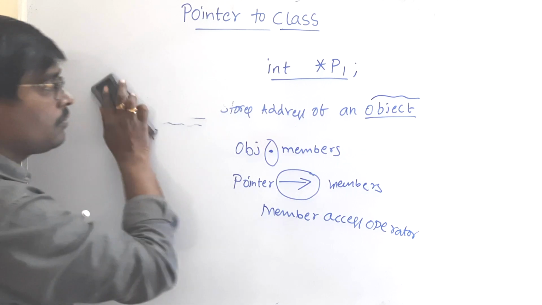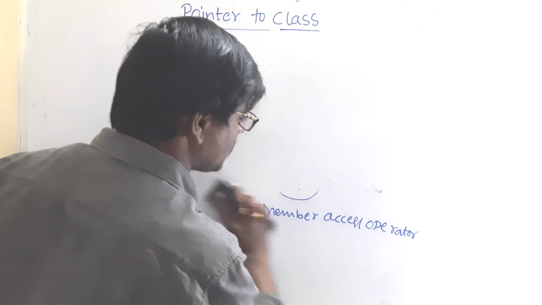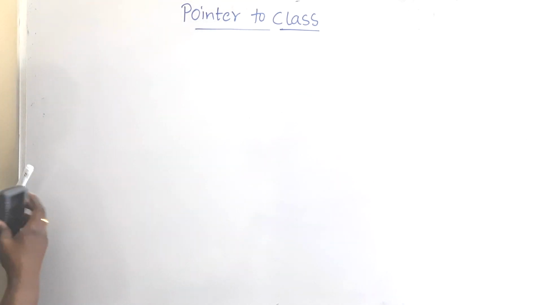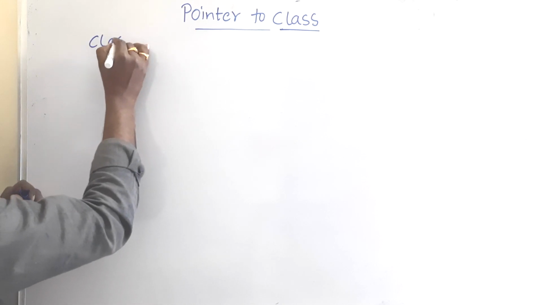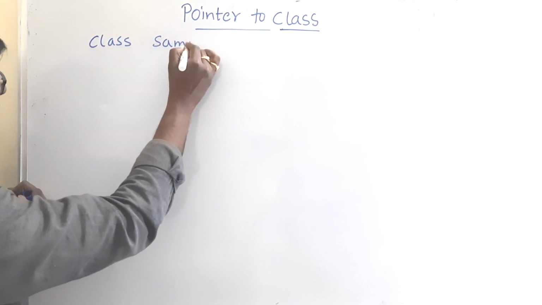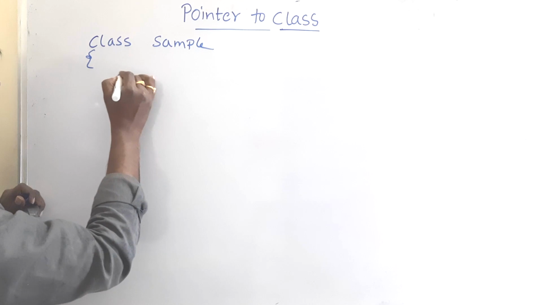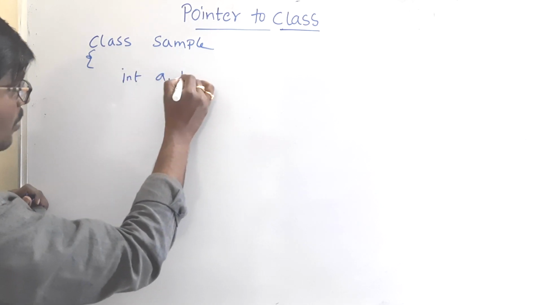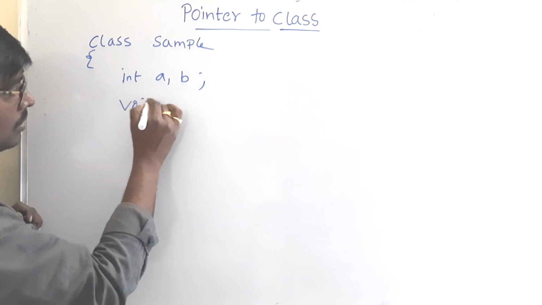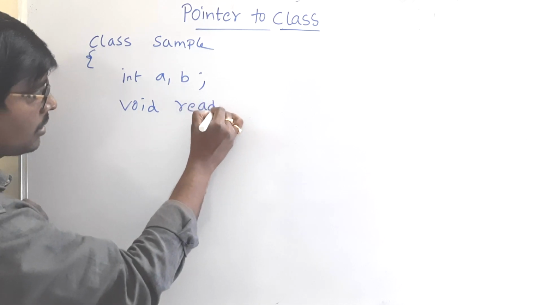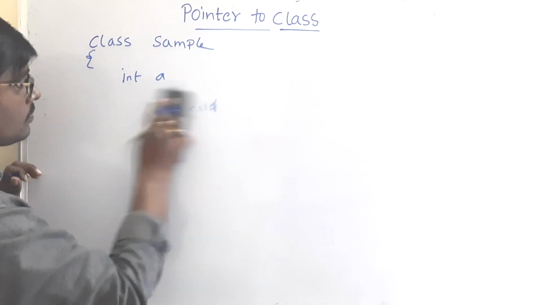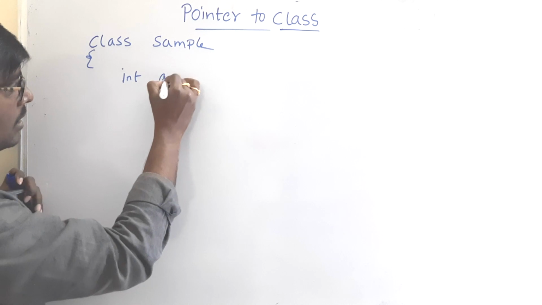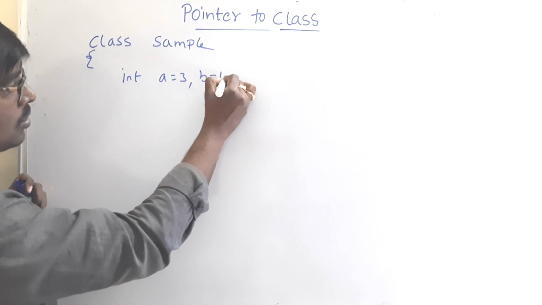Now I will explain with an example program, a simple example. Class sample, with int a, b. Assume a is equal to 3, b is equal to 4.